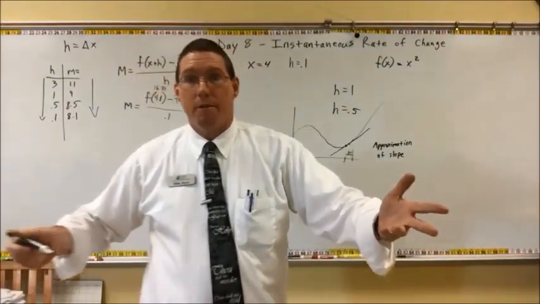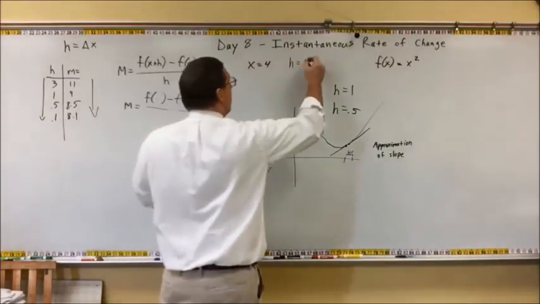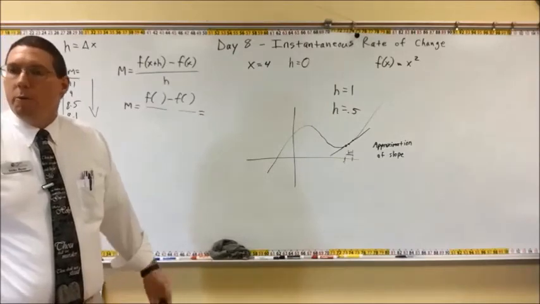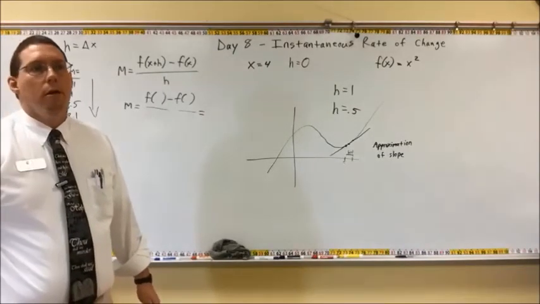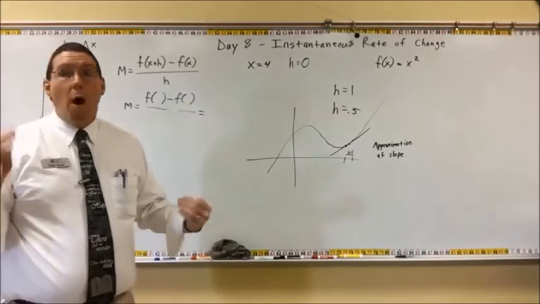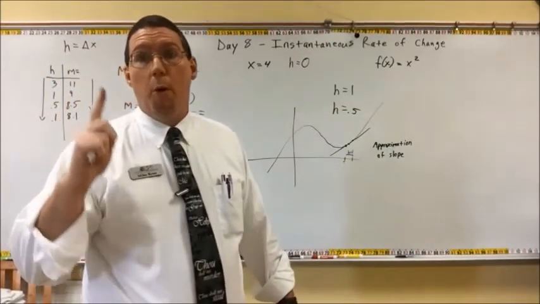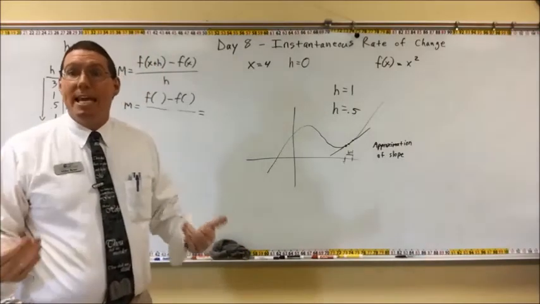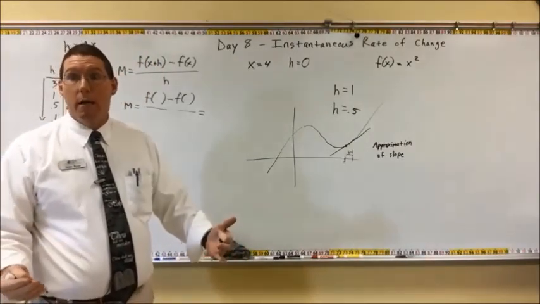Yes. Limits. What we really want is when the change in x is 0. Am I right? Isn't that what we really want? Isn't that where we're trying to go? We don't want the rate of change between 2 points, we want the rate of change at 1 point. We want our delta x to actually be 0, right?